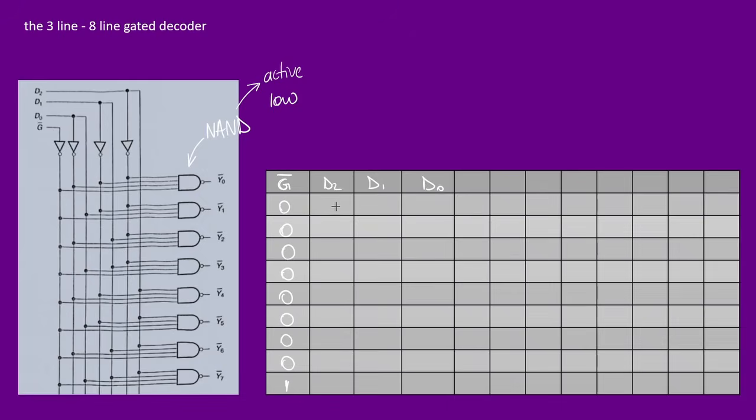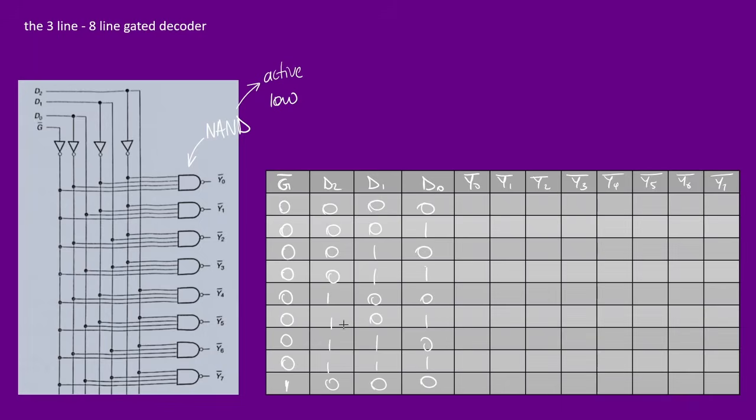So we'll fill this in as we would normally do for any binary. 1, 2, 3, 4, 1, 2, 3, 4, and then we can fill this in with any regular inputs. Remember what we said, that our gate allows us to have an input. Okay, so let's quickly write out not y0, not y1, not y2, not y3, and so on to 7.